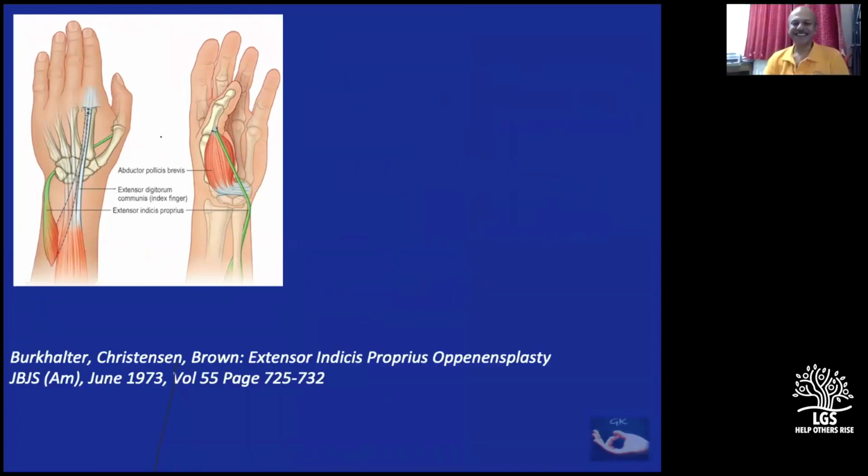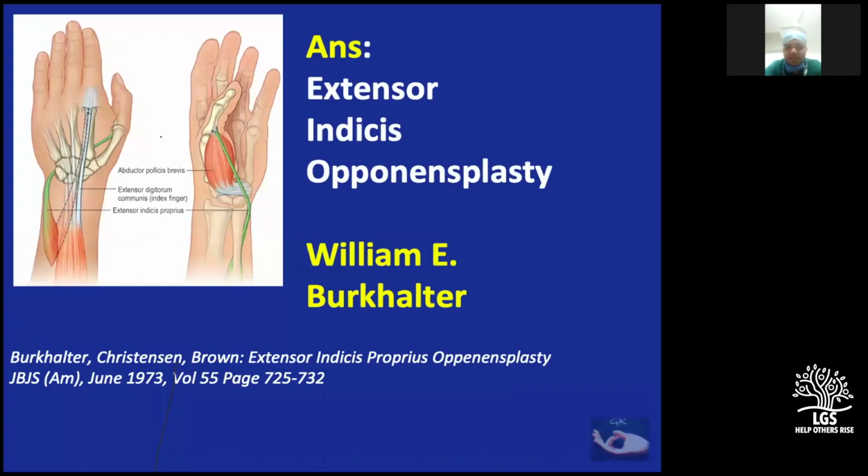He died in the year 1992. And he described this procedure in 1973 in the American Journal of Bone and Joint Surgery. And because he described it as using the extensor indicis proprius around the other side of the forearm for opponensplasty. Yes. So good, you've got that right.